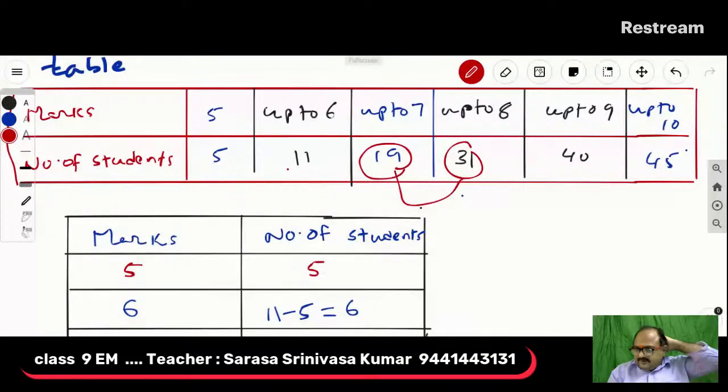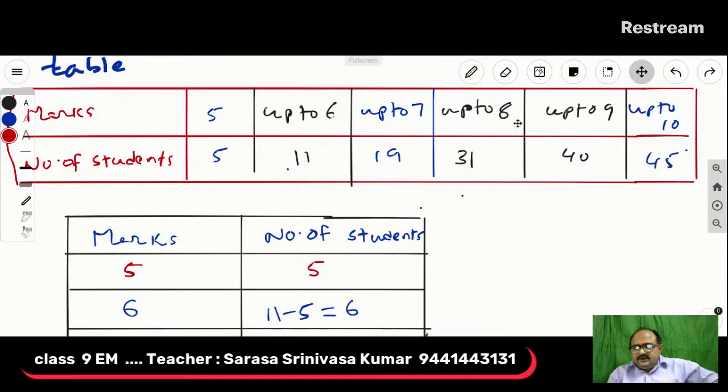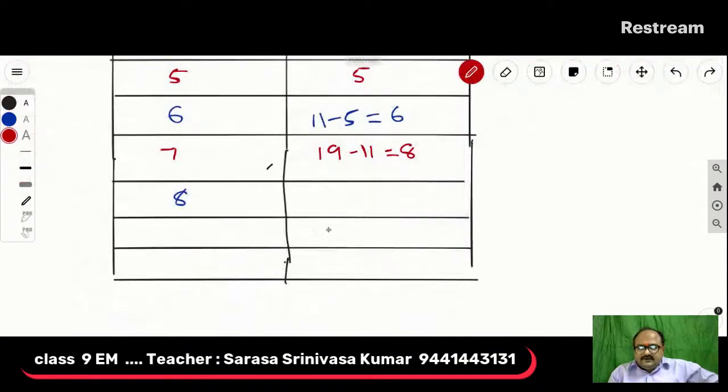Up to 8 marks is given, so who got 8 marks means 31 minus 19, equal to 12 students. So 12 students got 8 marks.